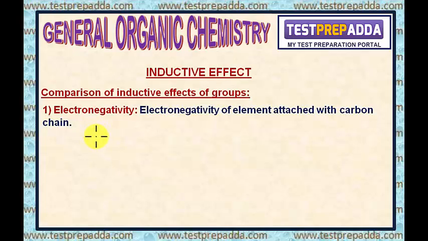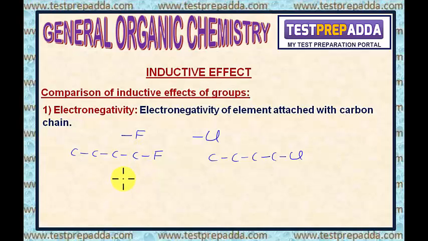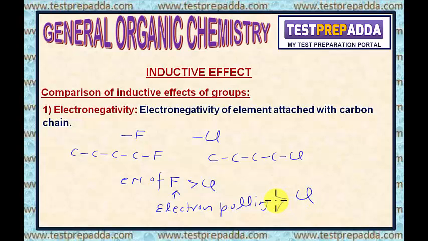For example, if I take F and Cl, carbon chain, the group F, carbon chain, and with this carbon chain Cl is attached. We all know that the electronegativity of F is greater than Cl. So what can we say? Electron pulling tendency is greater than Cl.